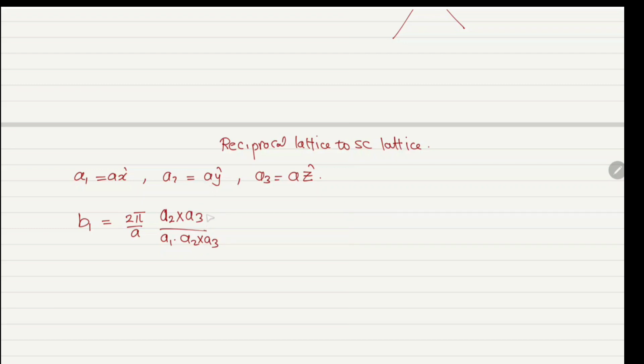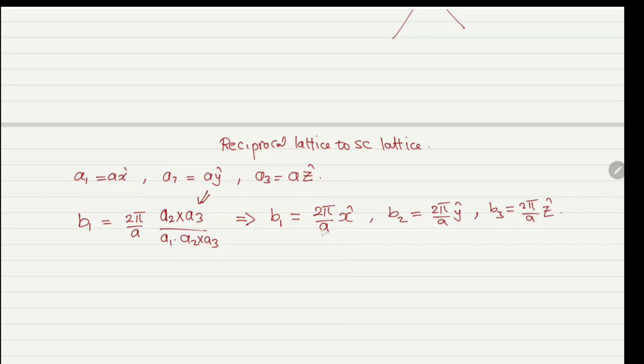You substitute these primitive vectors in real space into this expression, and you will find B1 is equal to 2 pi over a x hat, and B2, same procedure, equal to 2 pi over a y hat, and B3 equal to 2 pi over a z hat.